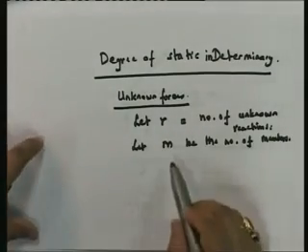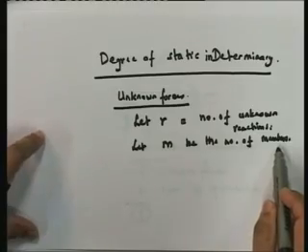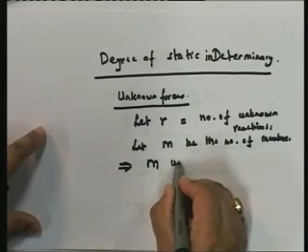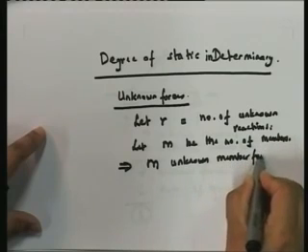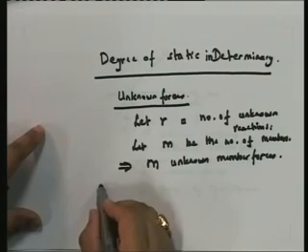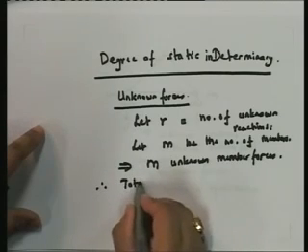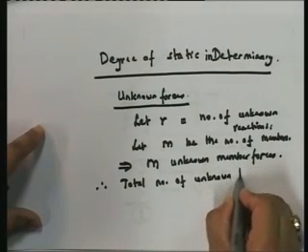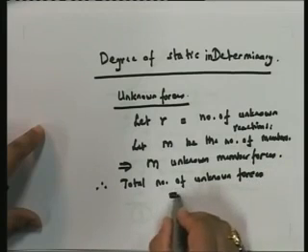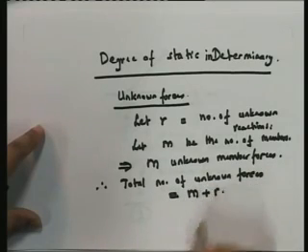Now note, if M is the number of members, each member has one unknown member force. Therefore, when you have M number of members, it implies that you have M unknown member forces. So, therefore, the total number of unknown forces is equal to M plus R.